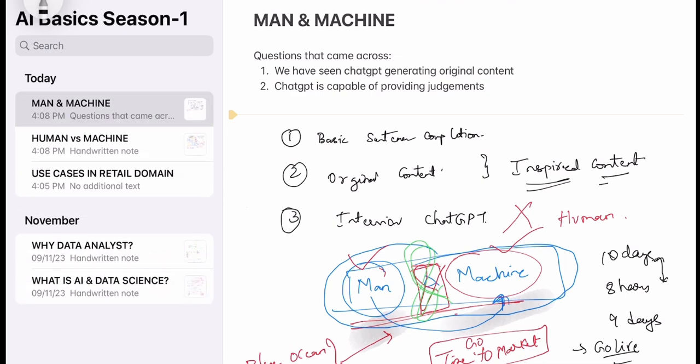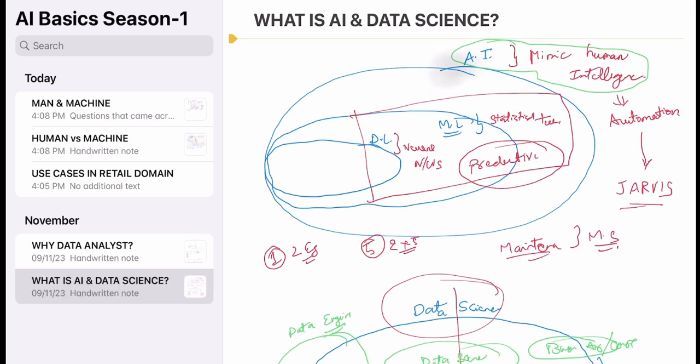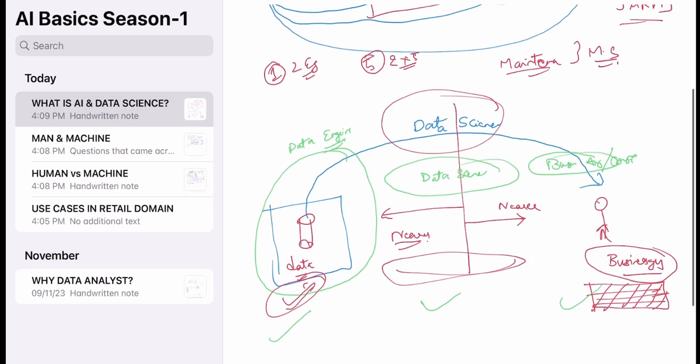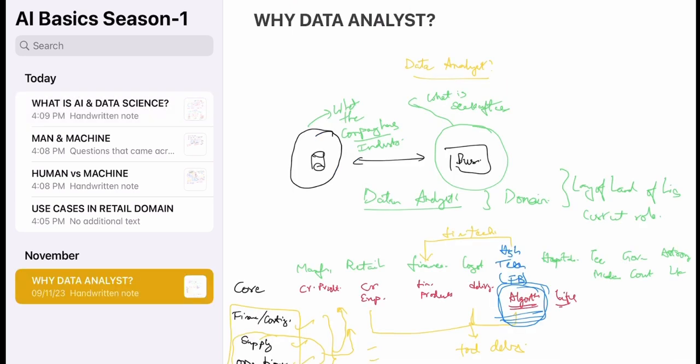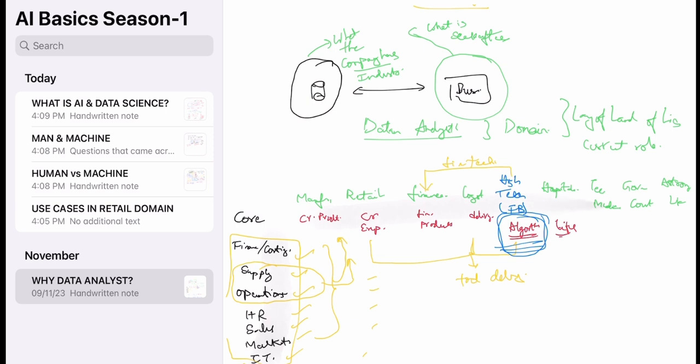In our third video, we ventured into the landscape of AI, and we also understood the diverse skill sets that are needed, from data engineering skills to data science skills to business analyst or a consultant skill. And in the fourth video, we explored the breadth of analytics domain across different functions and across different domains.